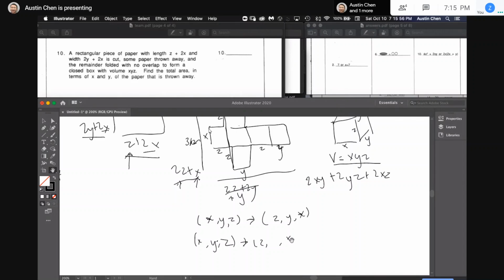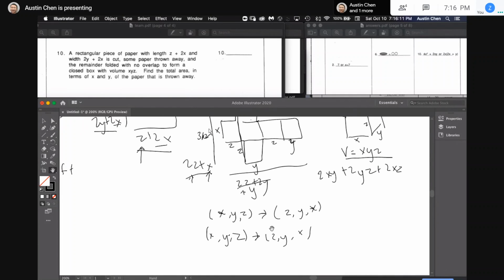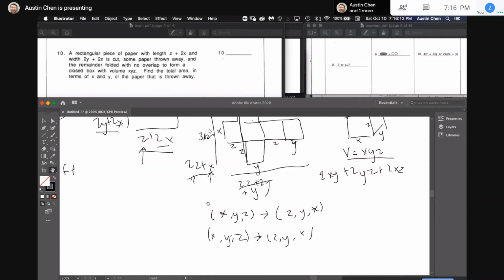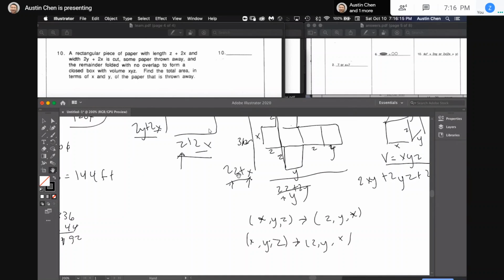We should try to change z into x. And then we see that 2y is just by itself. So we should just try to change y into y. I actually got this right the first time I explained it, but that was just a total guess. But yeah, okay. So let's try to change our variables like that. So z goes into x, so that's 2x, and x goes into z.